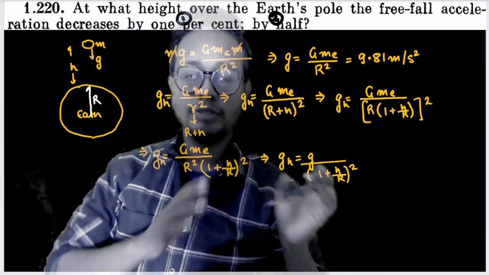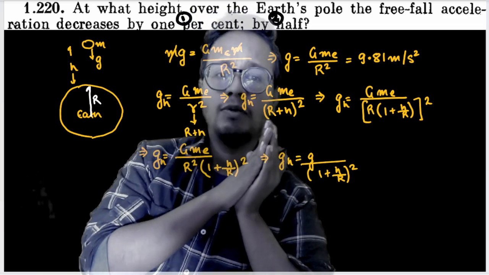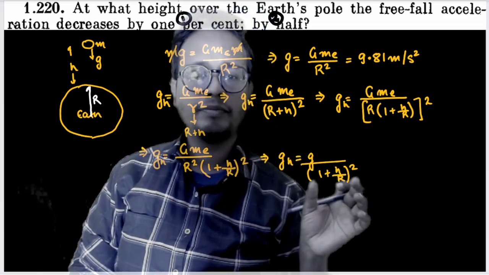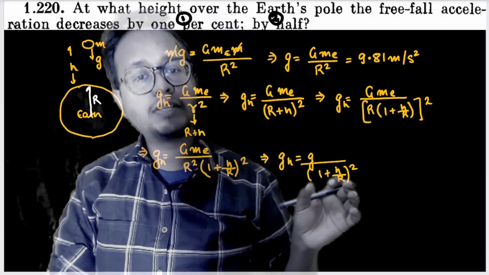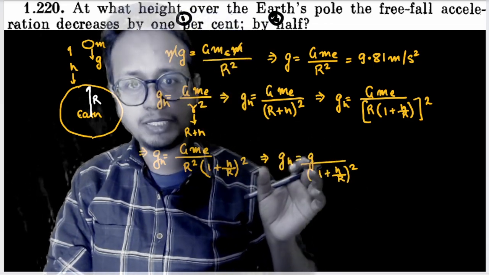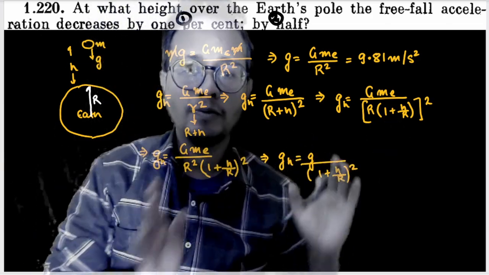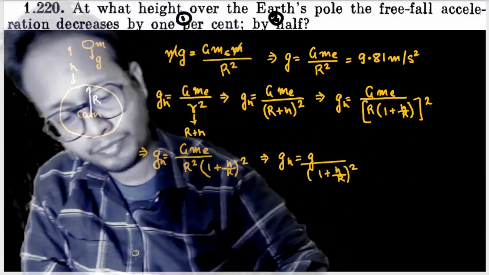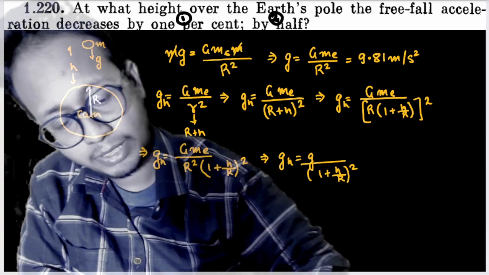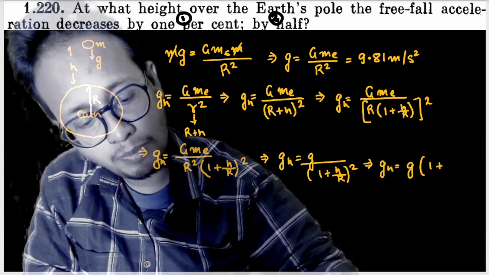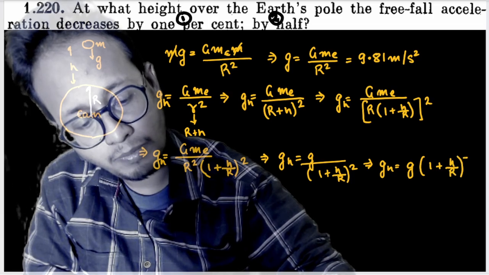Now here we'll do something called binomial expansion. And why is that? In physics, this is a little bit difficult to calculate, so in order to make our calculation easier, we use binomial expansion. Whenever you use binomial expansion, it gives us the approximate value. So using binomial expansion, this can be written as g_h equals g times 1 plus h by R to the power minus 2.